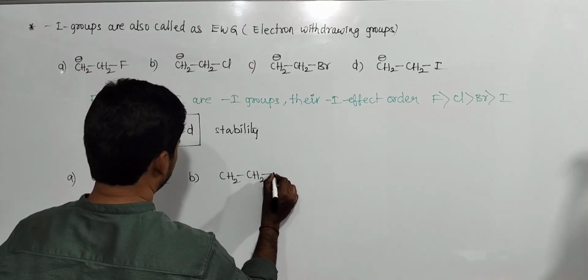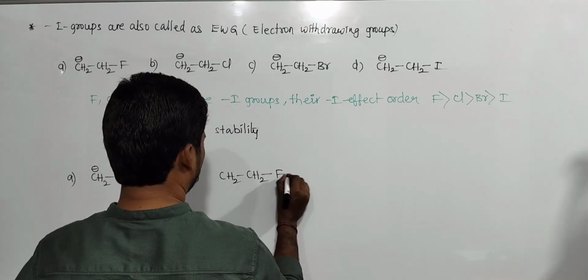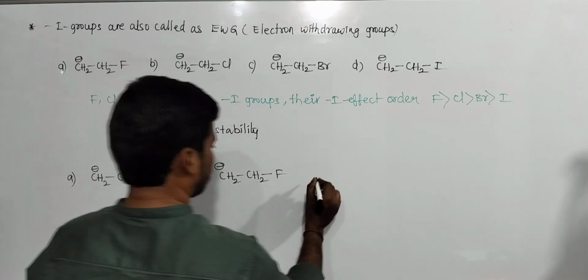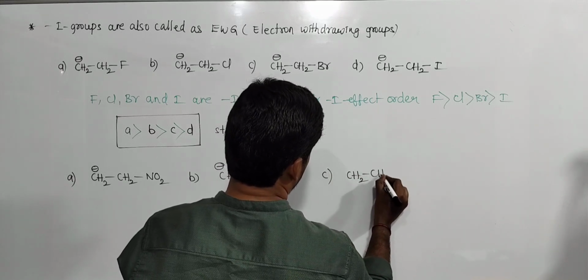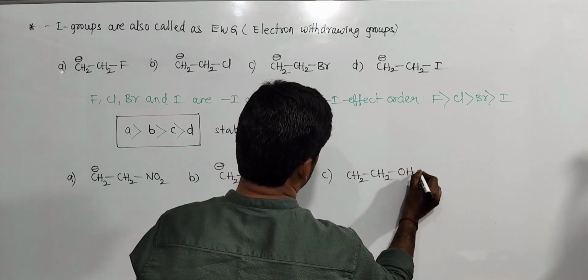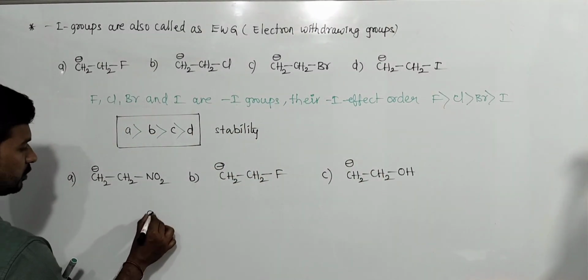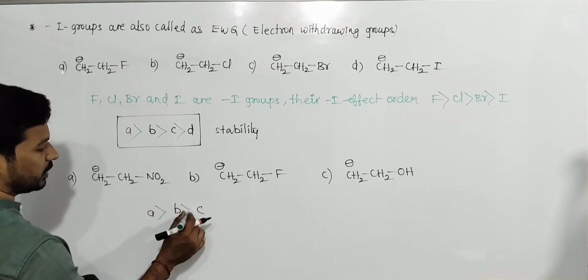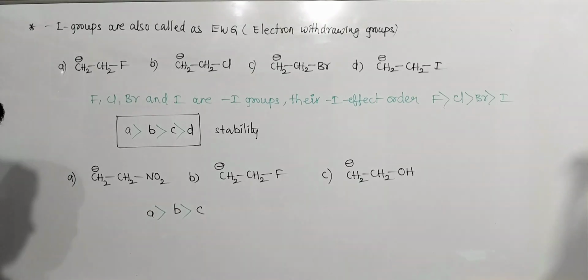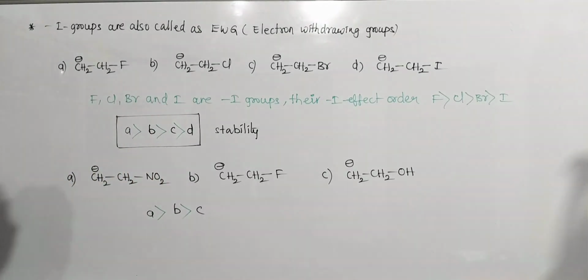Here I am writing fluoro, CH2OH. Your order is A, B, C. NO2 is a stronger minus I group than fluoro, and fluorine is a stronger electron withdrawing group than OH. That's why the order is like this. Take this one.